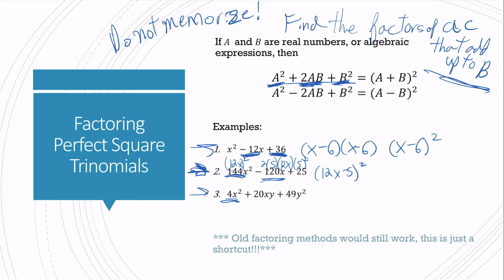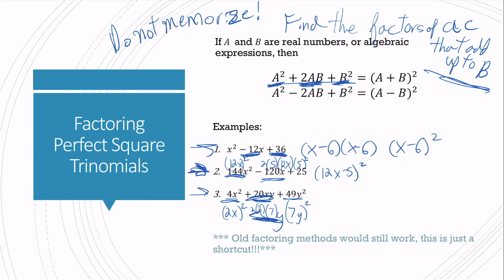This next example, I've got an x and a y. I've got 2x squared, 7y squared, and this middle term is 2 times 2 times 7 times y. No, it's not. This isn't going to factor like this, right?